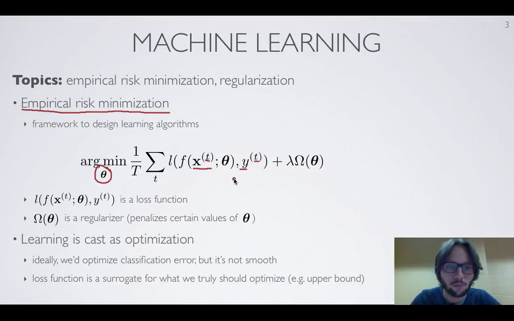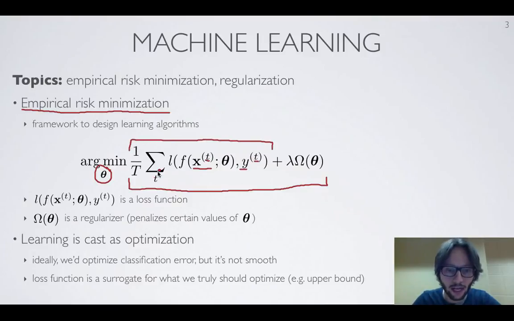So in empirical risk minimization, we'll frame the problem of training a model as the problem of finding the parameters which minimize this objective here. This objective has two parts. The first part is the average of a loss function L that compares the output of my neural network with the expected or correct answer y_t.